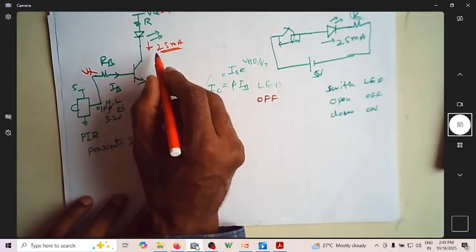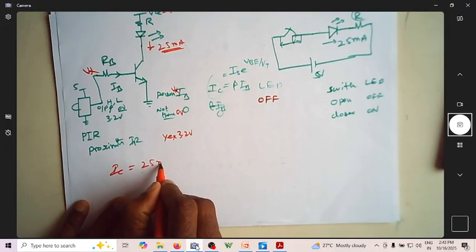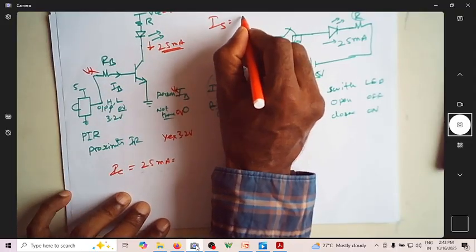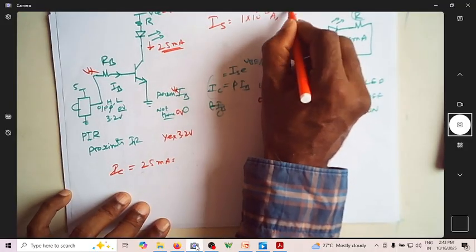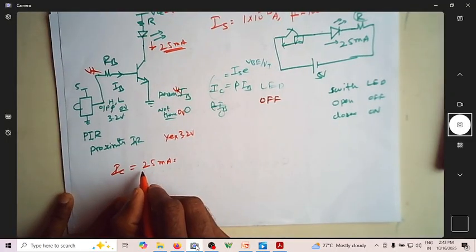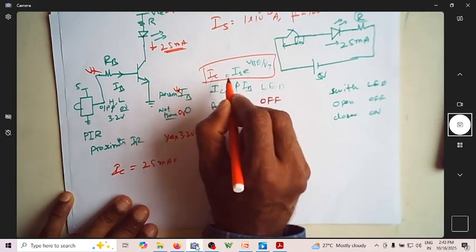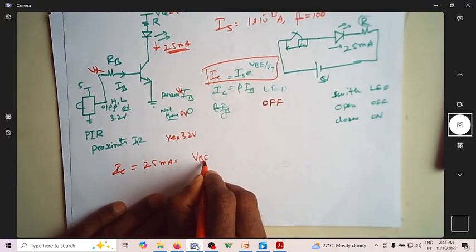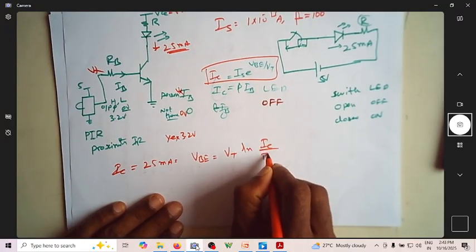So for an IC of 25 milliamperes, let us assume that IS of this particular BJT is 1 times 10 power minus 13 amperes, and beta is 100. To have this much current, using the equation IC is equal to IS e power VBE by VT, I can write the expression for VBE as VT times ln of IC by IS.